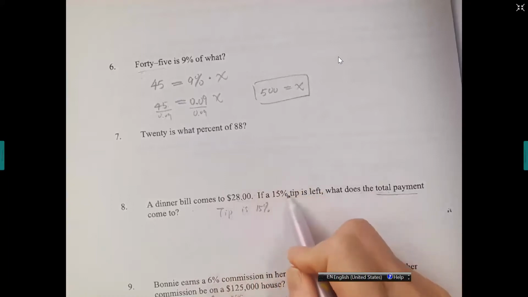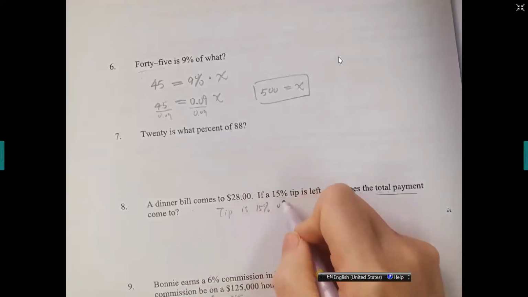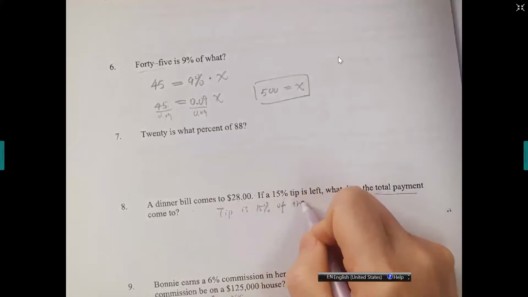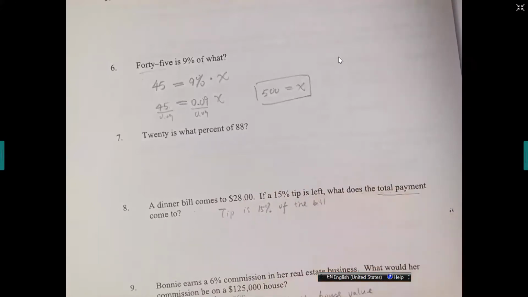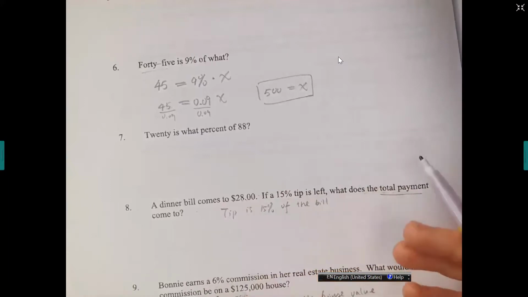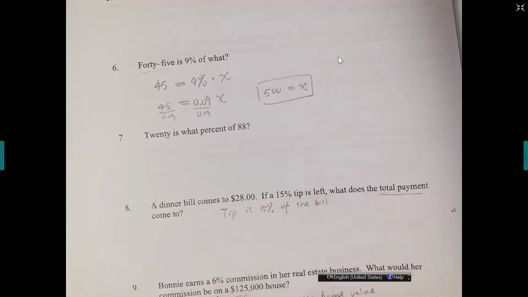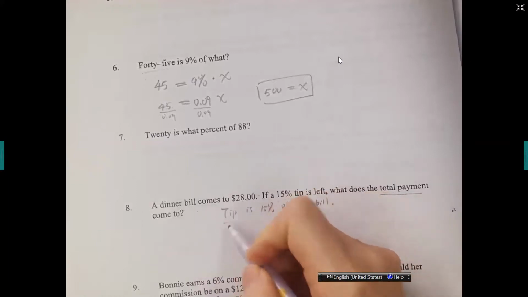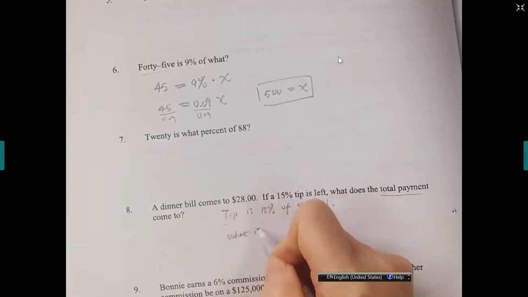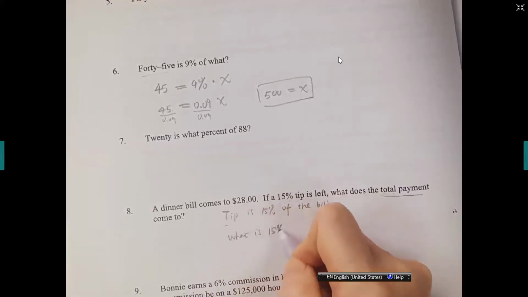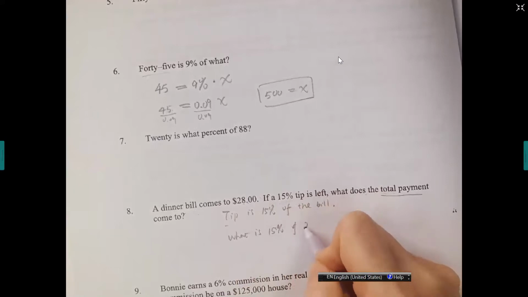So we know tip is 15%. So a 15% tip means tip is 15% of the bill. That is the information we get here. The more you spend on the meal, the more tip you should leave. So tip is 15% of the bill. Now for that specific dinner bill right here, we want to know how much tip. So what is 15% of the bill, $28?